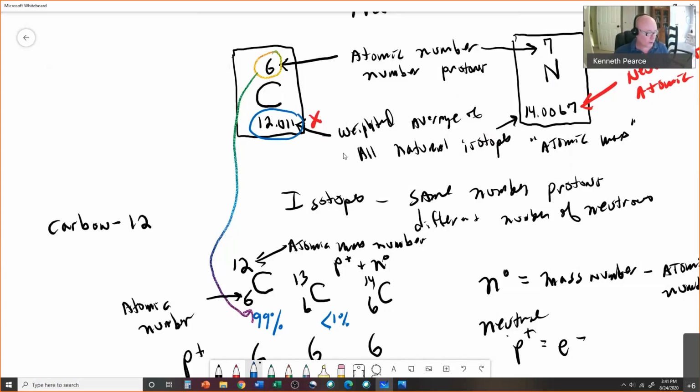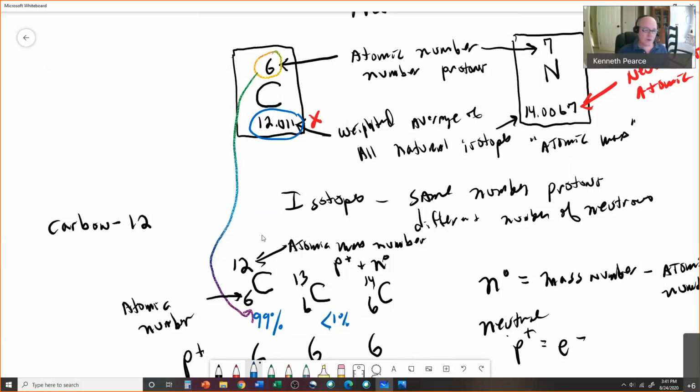When we're doing chemical reactions, typically we have a naturally occurring isotopic mixture. Now, you can buy samples that are 100% pure carbon 12, or very close to 100% carbon 13 or carbon 14. They wouldn't have an isotopic average. It would be just carbon 12 or whatever.